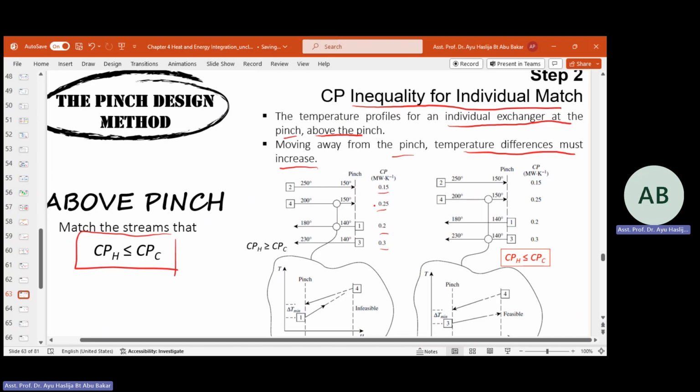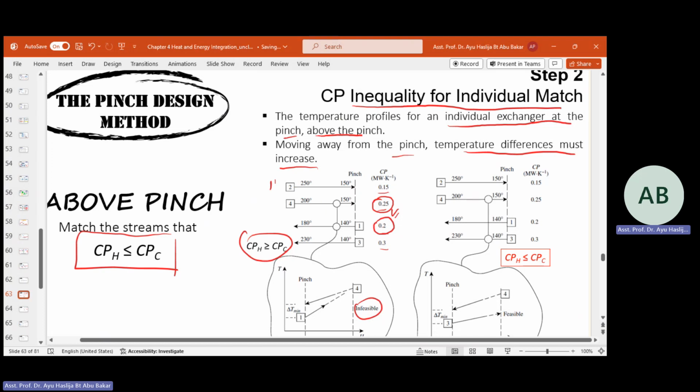Here it shows you CPH 0.25 exchanging with CPC. Here CPH is larger than the CPC, which is not feasible. Okay, this is not feasible.